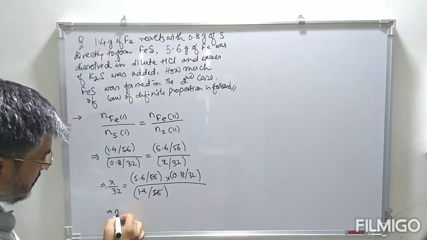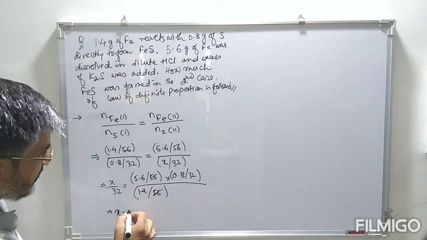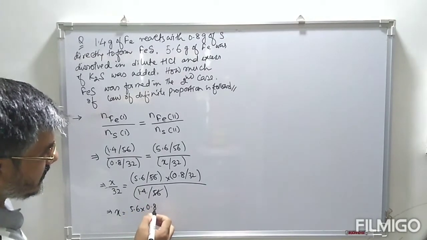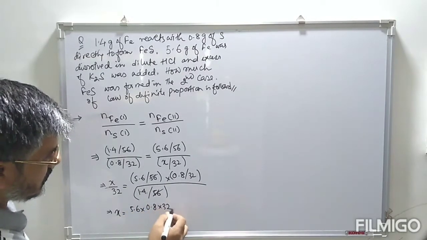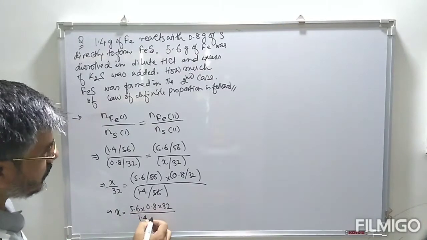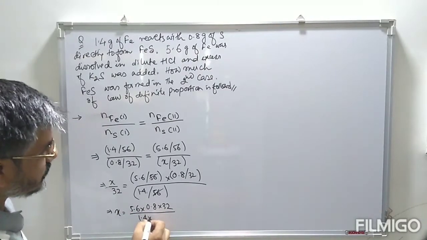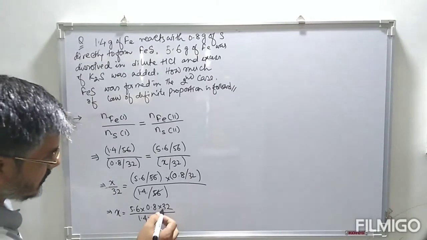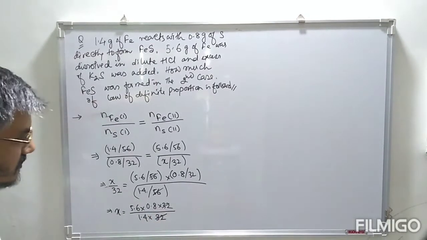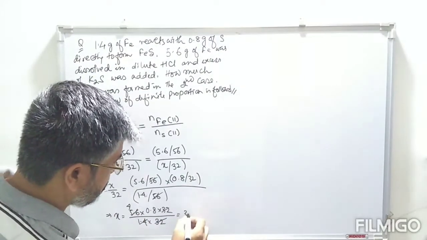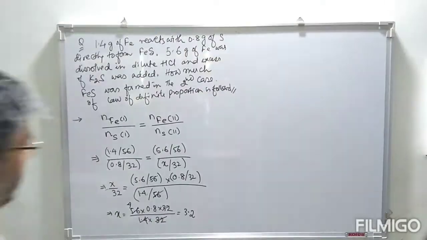Therefore x equals 5.6 into 0.8 into 32 divided by 1.4 into 32. Again 32 will cancel out. This is 4, so we have 3.2.